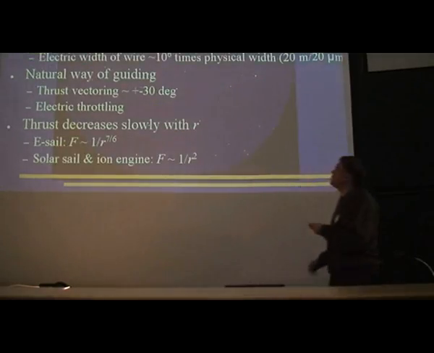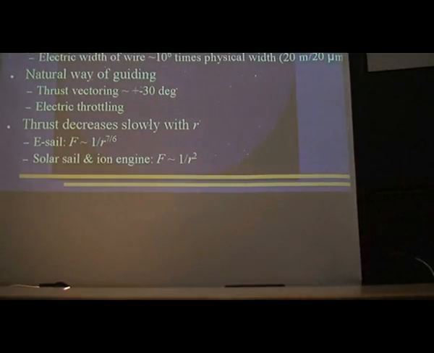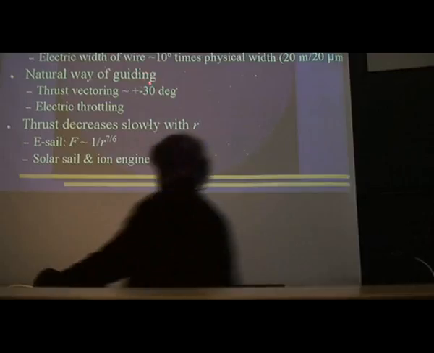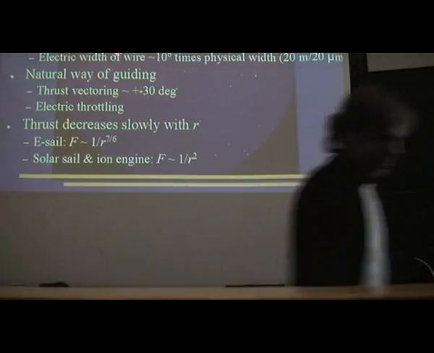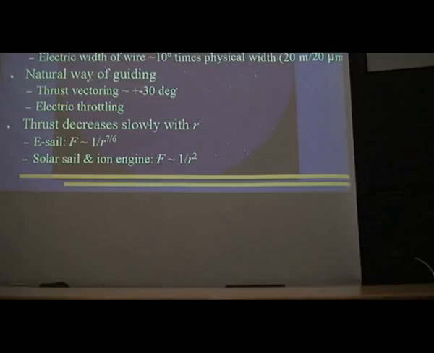So the main technical features of this propulsion method are, first, a relatively simple and scalable architecture. It has a set of small and identical reels, and there can be any number of them, in principle at least. Second, it has high performance, and this comes from the fact that the electric width of these tethers or wires is about 1 million times larger than the physical width.